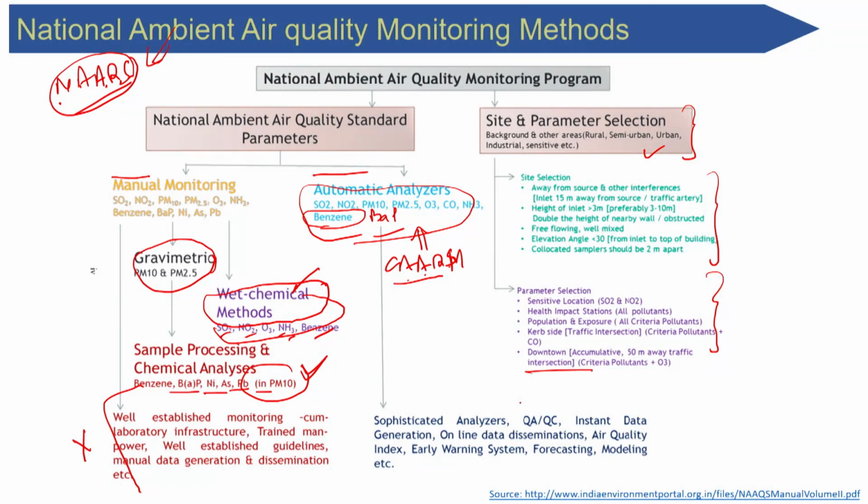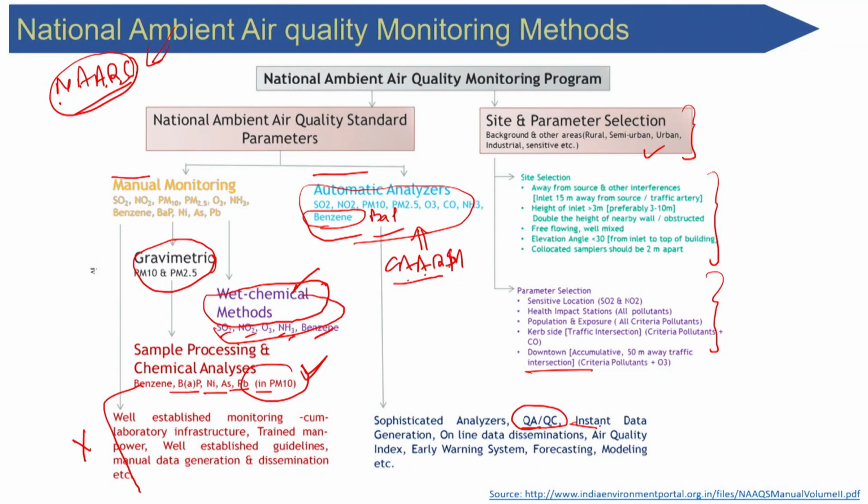Once you have the data from a sophisticated analyzer, quality assurance and quality control is very important. It is the only way to check your data and assure that whatever you are providing is correct. If I have time, I will take some lectures on quality assurance and quality control.